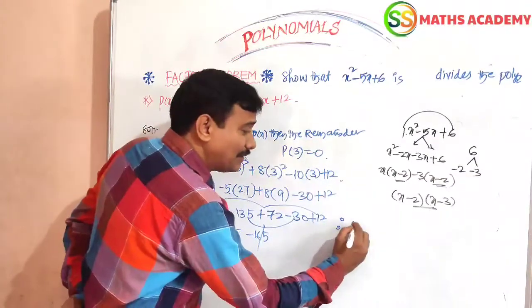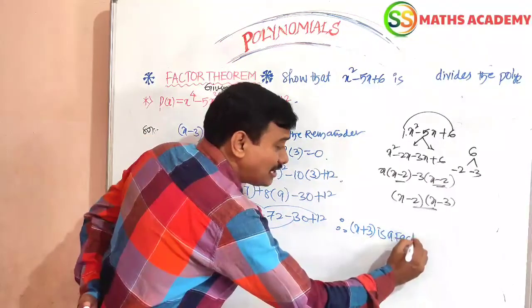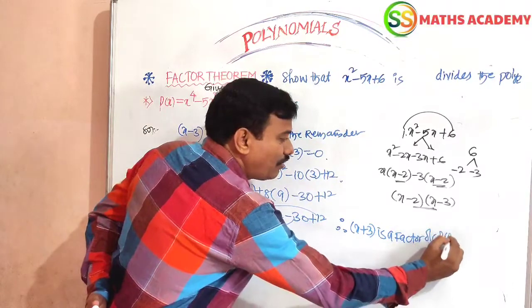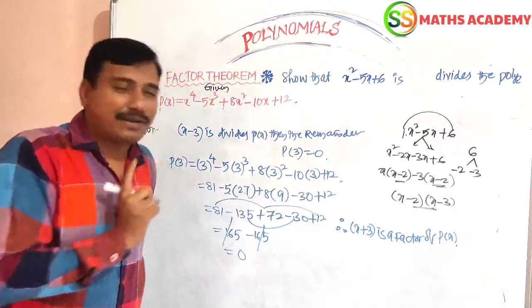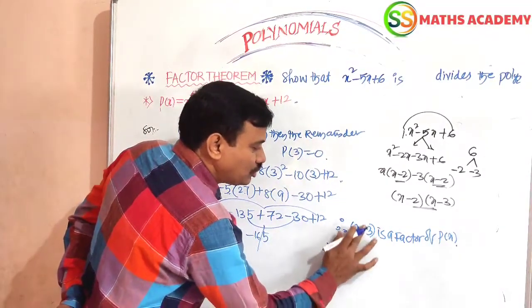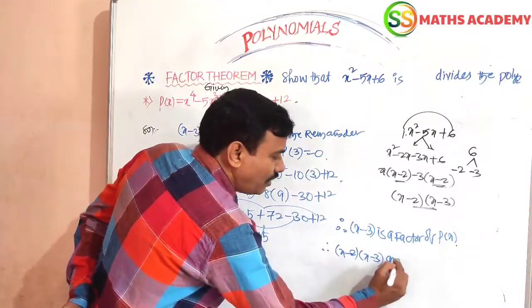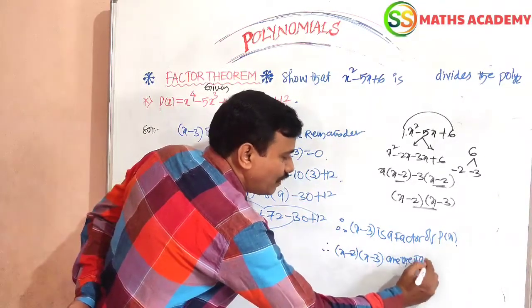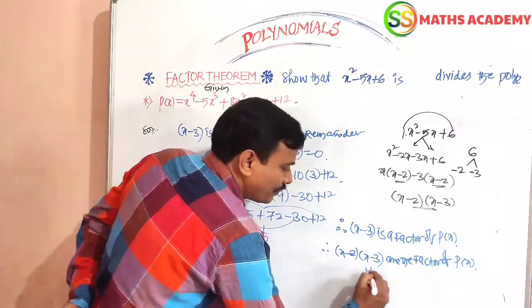Therefore, conclusion: x minus 3 is a factor of p of x. The first factor is proved, and the second factor is also proved. Therefore, x minus 2 and x minus 3 are the factors of p of x.